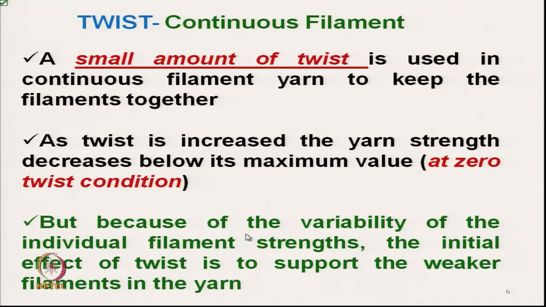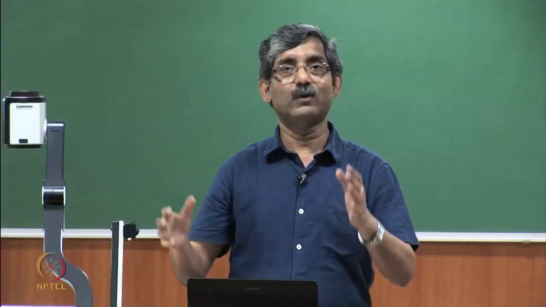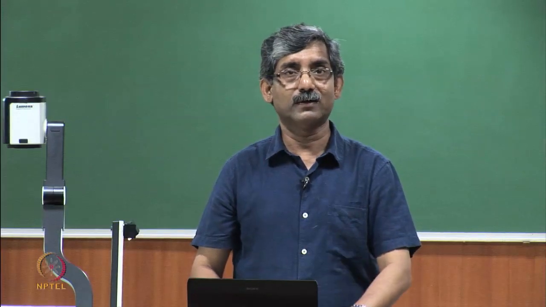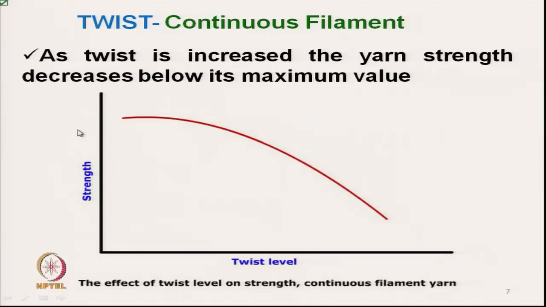But because of the variability of individual filament strength, if we impart a little bit of twist, it will average out. The initial effect of twist is to support the weaker filament, otherwise the weaker filament will immediately break. So, twist is imparted to support and to enhance frictional contact a little bit. The nature is that it is initially a little flat, then it reduces. Okay.